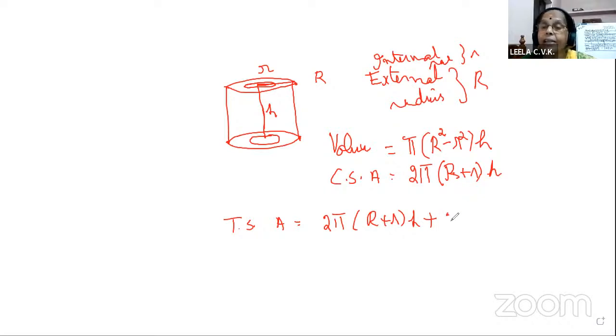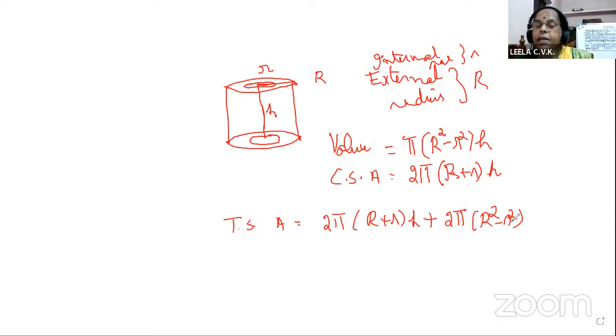Base area and top area means 2 pi into R square minus R square. Ring area is R square minus R square. So here 2 pi into R plus R into H, and here it is 2 pi into R square minus R square.